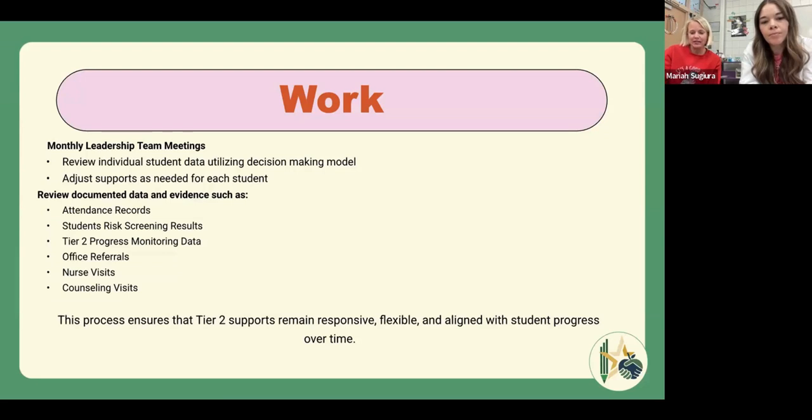Decisions are made collaboratively and are intentionally individualized for each student. We allow the team to adjust support based on students' needs rather than applying uniform or systematic changes. You can look on this slide to see the different sources of data that we look at to make our decisions.